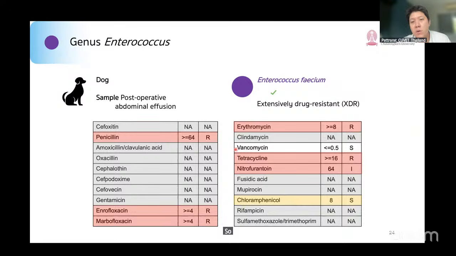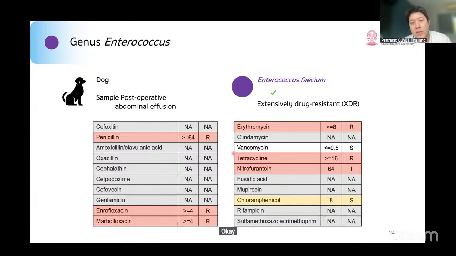So there is only one drug in white, shown as S. S is susceptible, okay? Susceptible to only vancomycin. Vancomycin is the last line antimicrobial for gram-positive bacteria.